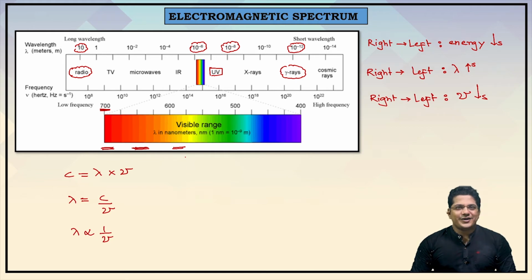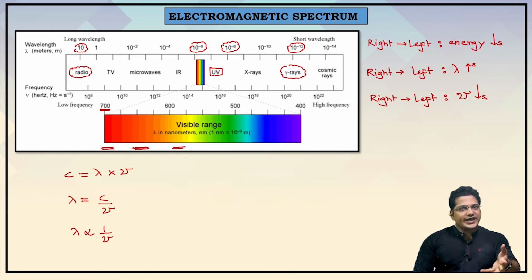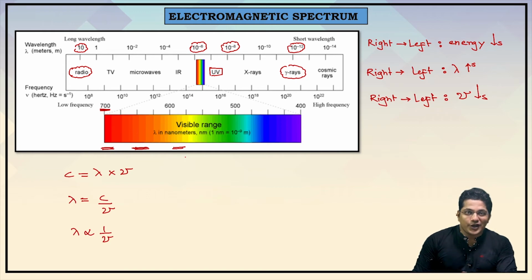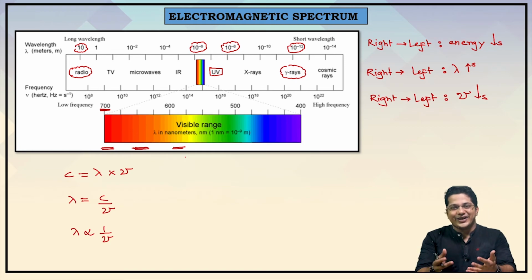Now over here, what examples did we give? We gave an example of iron block, we gave an example of sun. Okay, take an example of iron block. Imagine you are heating an iron block. What's the first color that you would observe? You would observe red, then you will observe orangish, then you will observe yellowish. Okay, this means what? This means that whenever heat is given to any particular object, that object changes the color.